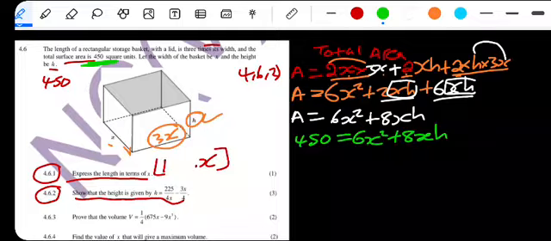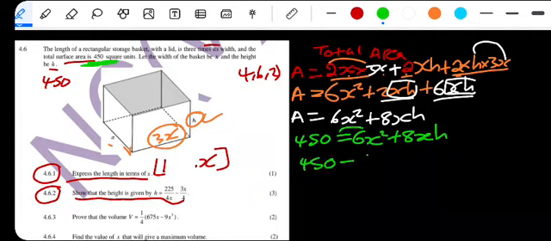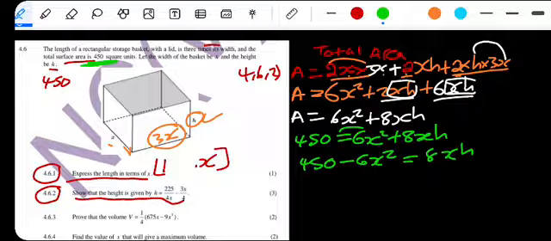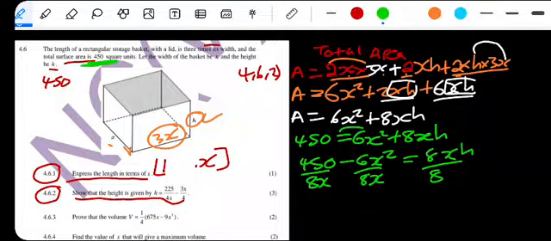So you want h. Remember, we're supposed to make h the subject. So we'll have 450. You transpose that minus 6x squared will be equal to 8xh, like that. Divide by 8x throughout. We'll have 8x divided by 8x, this will fade away.